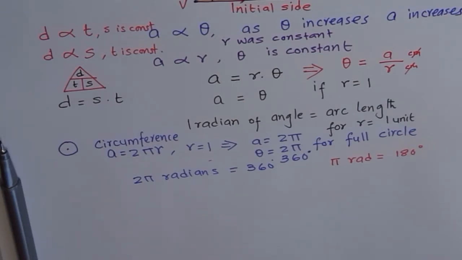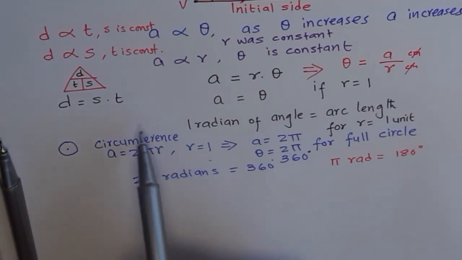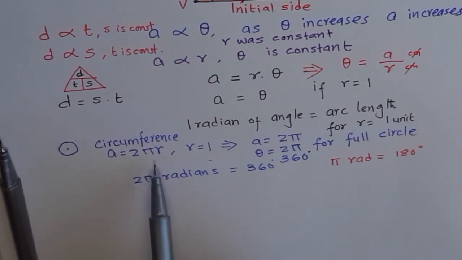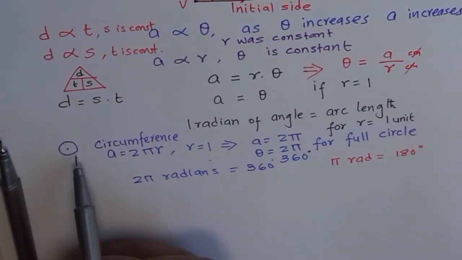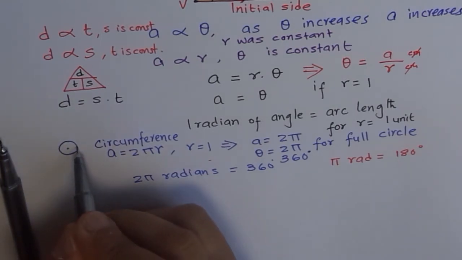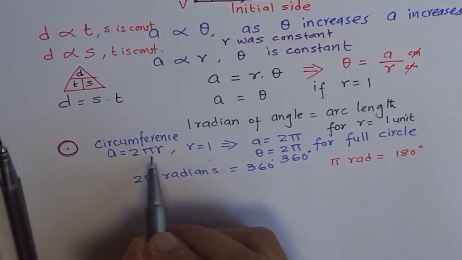It could be any units. In fact, radian we say is the unit of the angle theta, but actually speaking it's just a ratio. And if you go for a full circle, as you know, the circumference of a circle is 2 pi r, and that means the arc length will be 2 pi r for a full circle, right? If you start from here and go like this, a full circle, A will be 2 pi r.